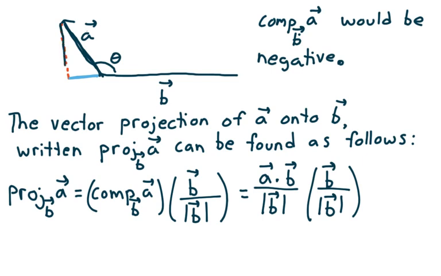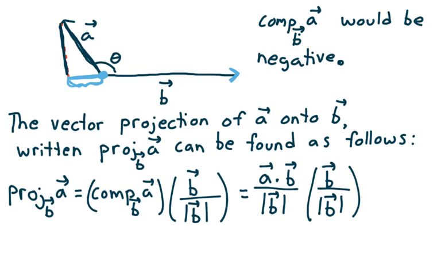So this line here is the perpendicular, and I'm looking for this piece here highlighted in blue, from the initial point of B, this is the vector B. This piece represents the scalar projection of A onto B, and that would be a negative number.